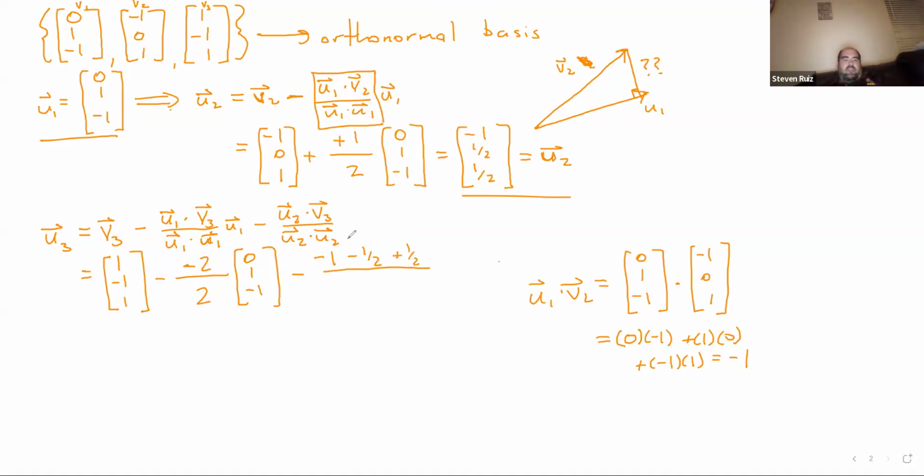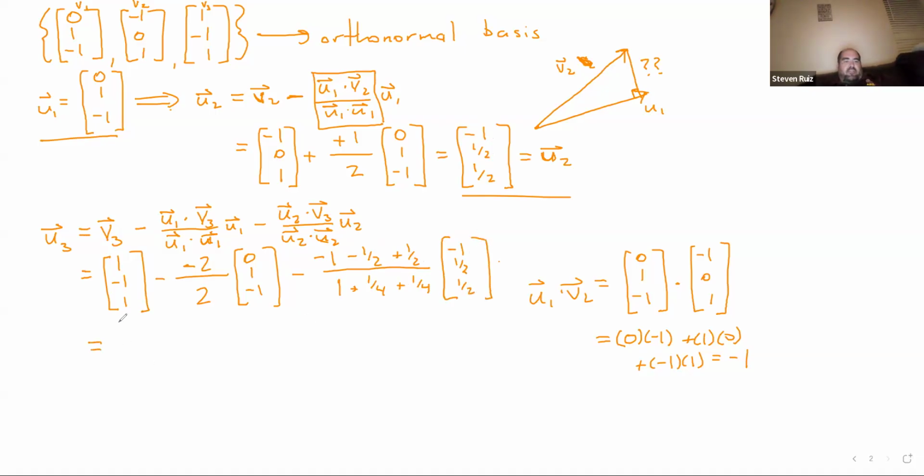All over U2.U2. So U2.U2 is going to be 1 plus 1/4 plus 1/4. So that's going to give me my ratio, all of that multiplied by, I didn't write this down, U2. U2 is -1, 1/2, 1/2.